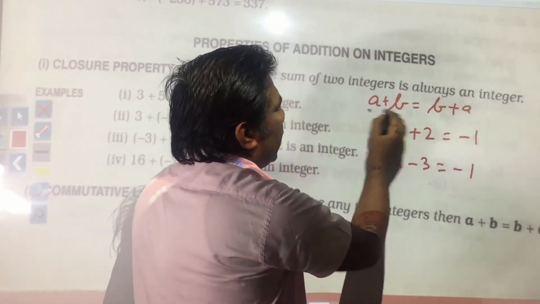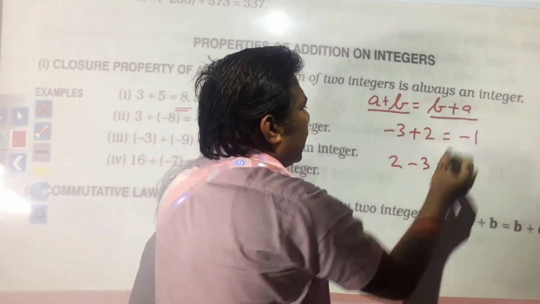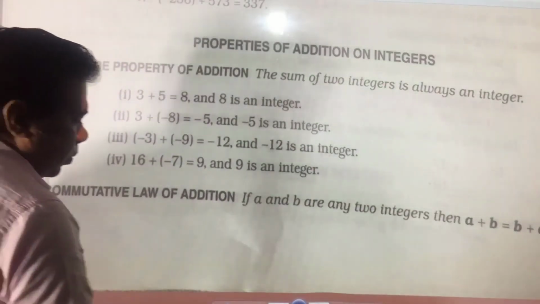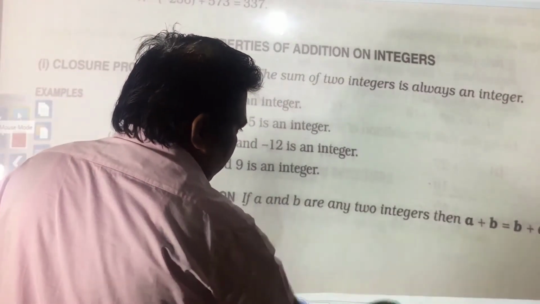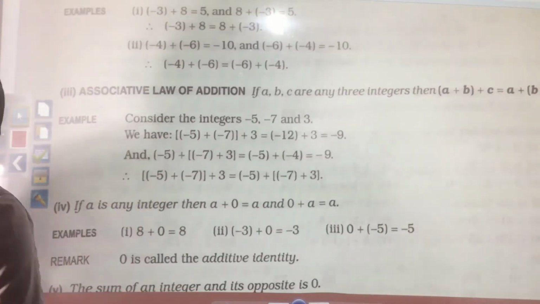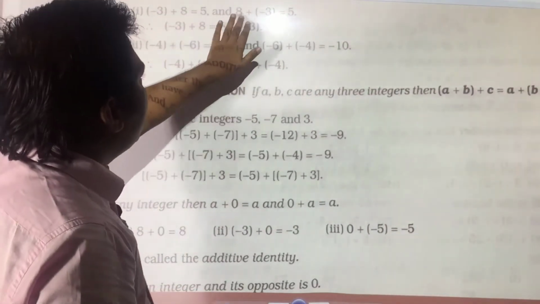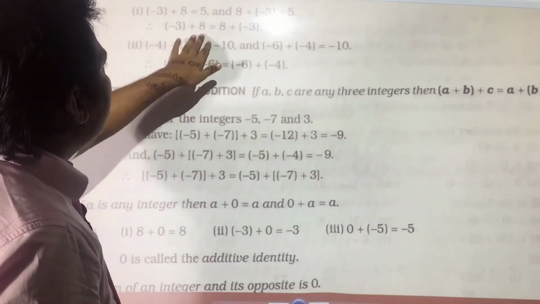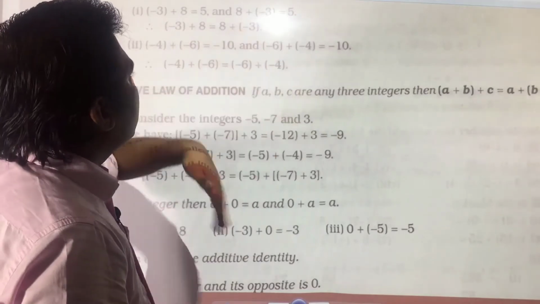Either you write a plus b or b plus a, the answer will be the same. An example has been given: minus 3 plus 8 is equal to 5 and 8 plus minus 3 is equal to 5. Therefore, minus 3 plus 8 is equal to 8 plus minus 3, meaning a plus b is equal to b plus a.